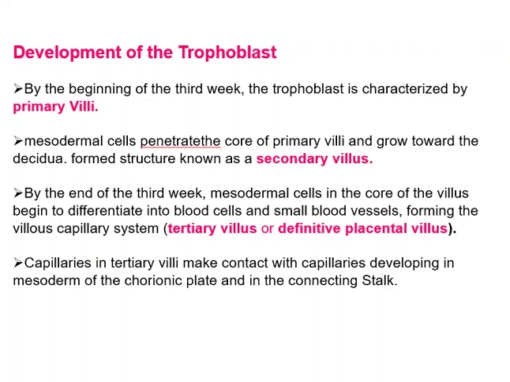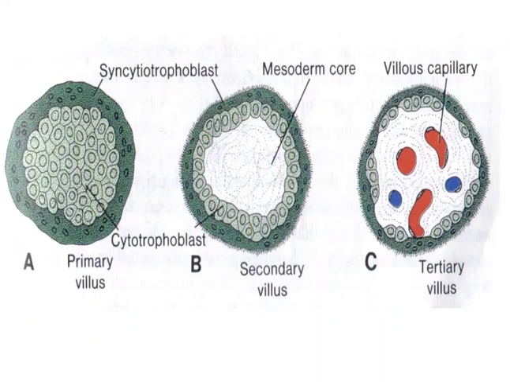This figure shows the difference between the types of villi: primary villi, secondary villi, and tertiary villi. Here, the primary villi have a core of cytotrophoblast, and peripherally we have syncytial trophoblast. In secondary villi, we have a mesenchymal core derived from extraembryonic mesoderm or mesenchyme, surrounded by cytotrophoblast and syncytial trophoblast.